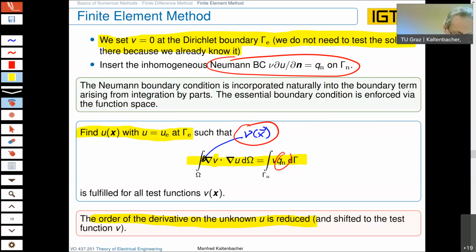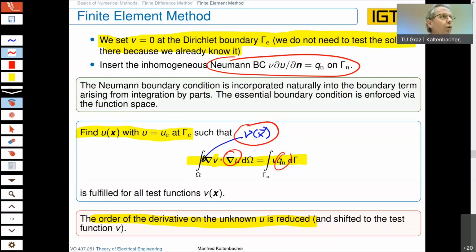As you can see here, we just have a first order spatial derivative. In most cases, we are also not able to solve now this weak formulation. Anyway, we have gained these 3 points. That is very importantly that you realize this, which was not the case for the finite difference method.